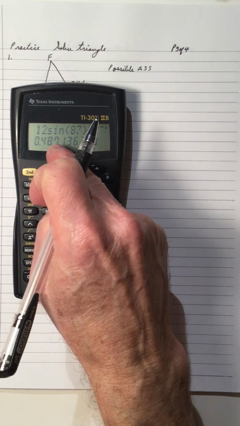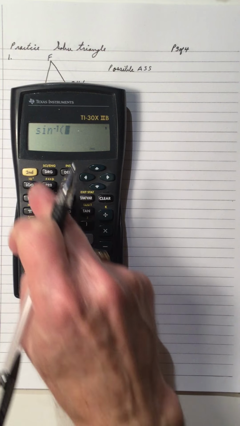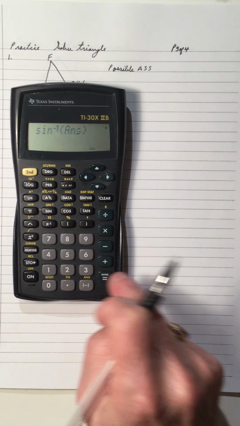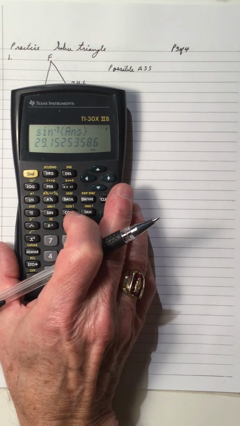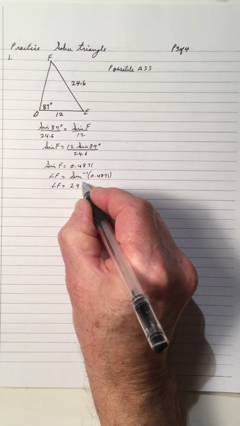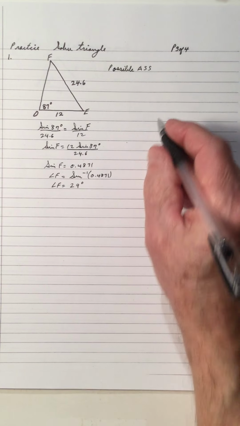Notice I have the answer here, so I go inverse sine, second function answer, put a bracket there, and I get 29.2, so to the nearest degree is 29.